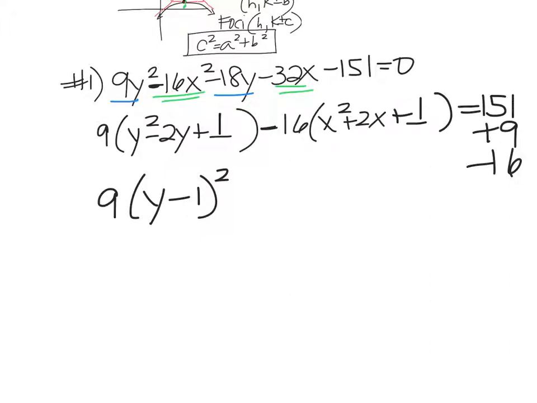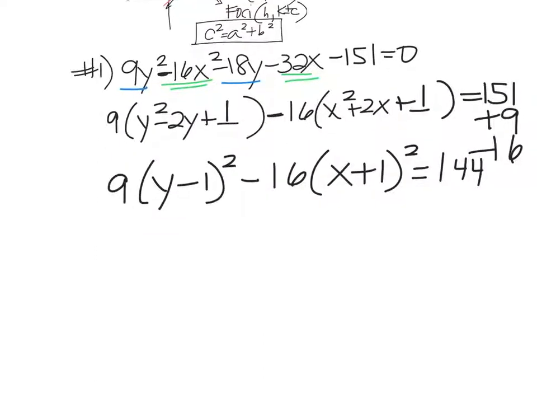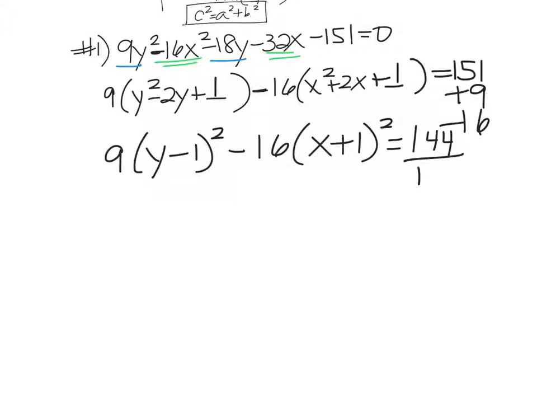Okay, so you get 9(y minus 1) squared minus 16(x plus 1) squared equals 144. Then go ahead and divide everybody by 144. Make sure you show all this work in your homework this weekend.